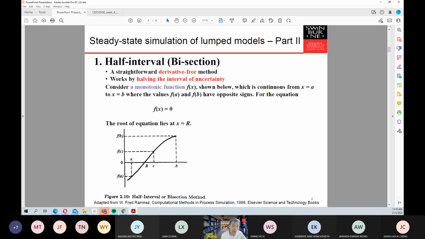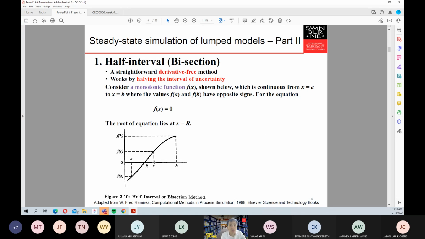So if the function at a, when we substitute into f, is negative, then the other one should be such that the value of f at that particular point becomes positive.